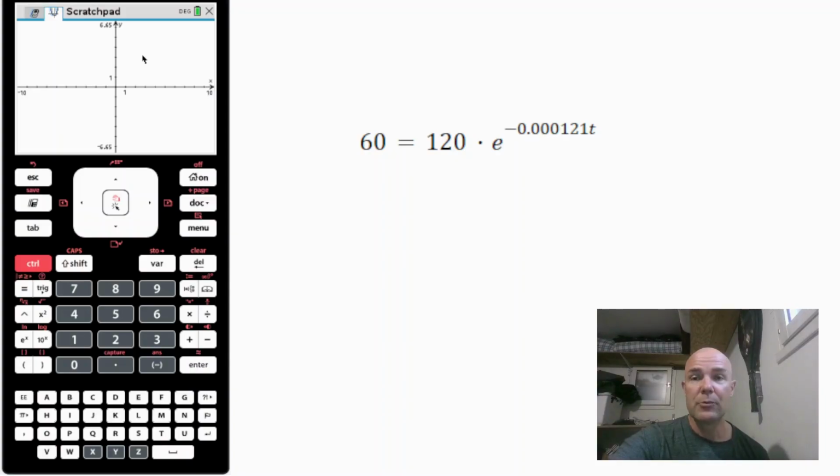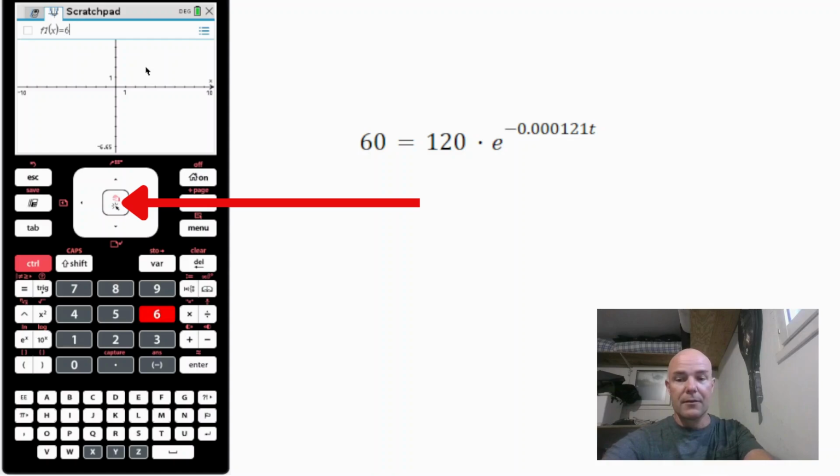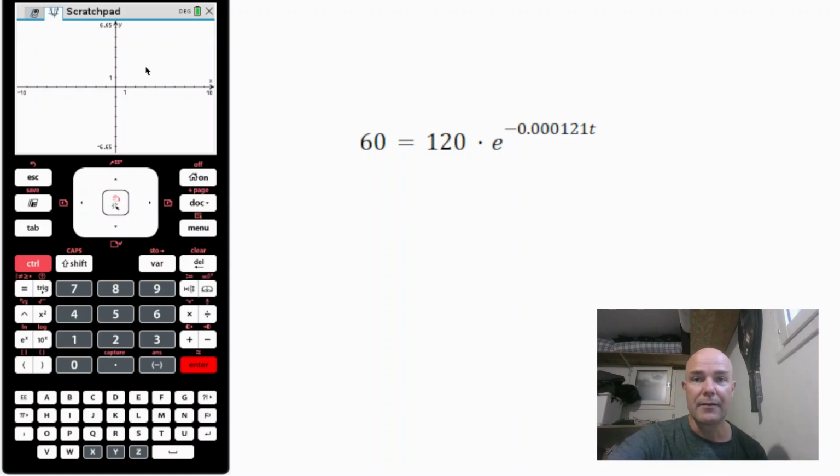So first we will graph this 60. Double clicking this screen, using this button here in your calculator, you can start graphing. So function number one is 60. Then I double click again, 100 times natural exponent found on the left in your calculator.